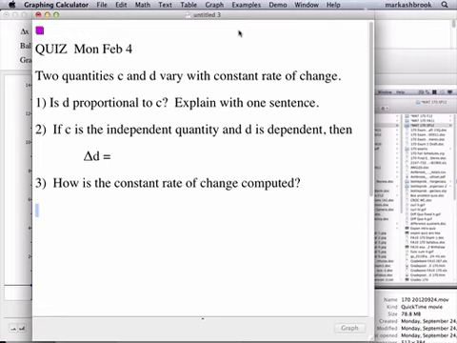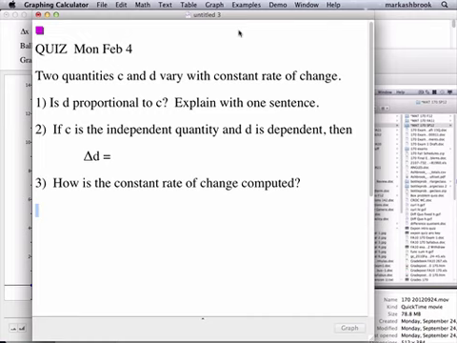Okay, if C and D vary with constant rate of change, is D proportional to C? Maybe, or no, right? So not necessarily. It might be, but not necessarily. So how would you explain that in terms of proportionality?